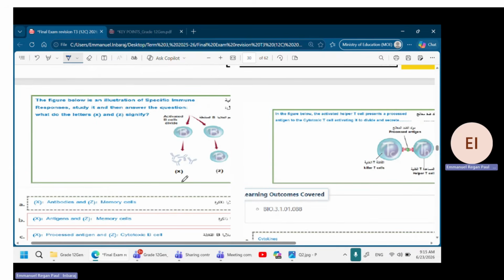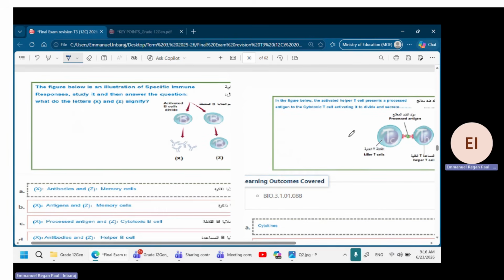And then the B cell, what is X? They're asking. X will be antibody and Z is memory cells. You see the shape, Y-shaped structure, so it's antibodies. In the figure below, the activated helper T cells present the processed antigen to the cytotoxic T cells.